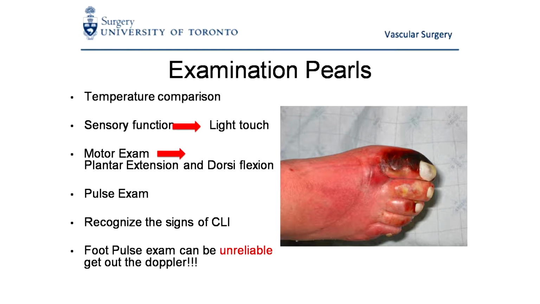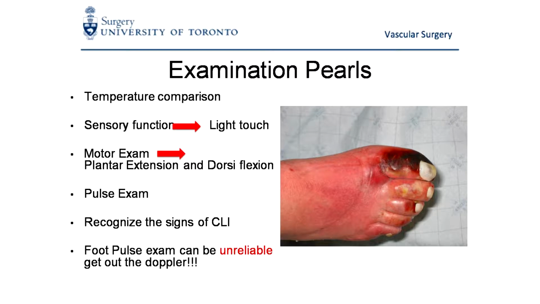But what about the more subtle ones? Sometimes it's about the temperature of the feet. If they're diabetic, they may actually have good perfusion but poor sensory function. So what about checking their sensation? What about their motor exam? Do they have some motor dysfunction?